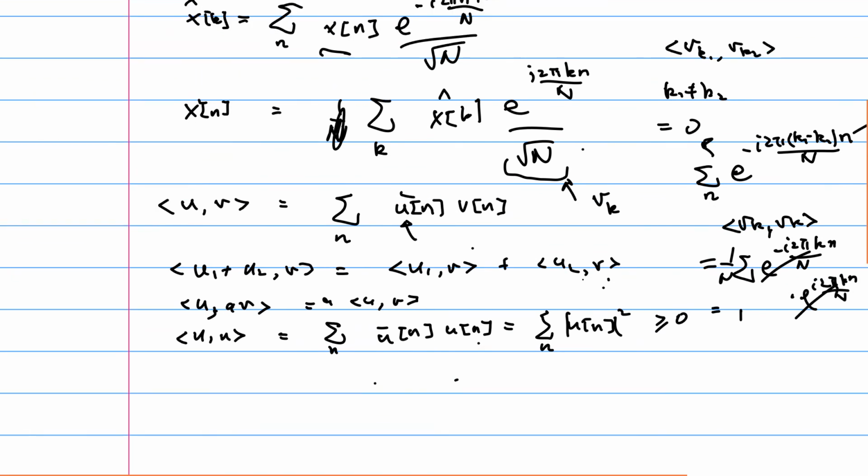For example, if I have xn, assume I can write it as c1v1 plus c2v2, and so on up to cn vn. So this v here is the sinusoidal signal. Basically, vk is equal to exponential i 2 pi kn over square root n.